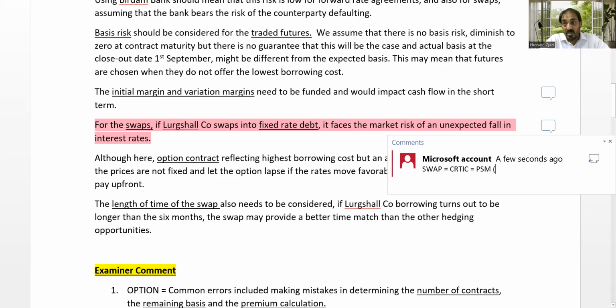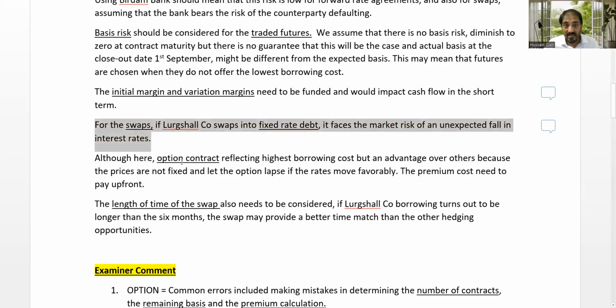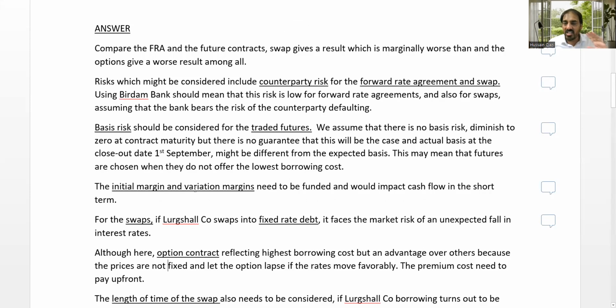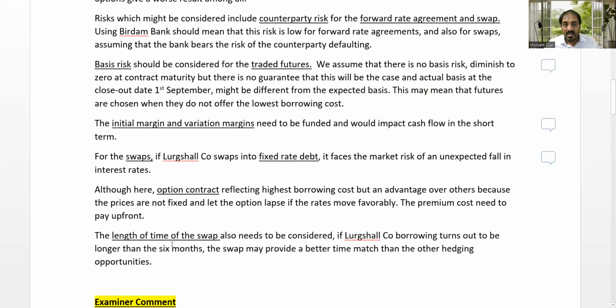You have identified the matter, you can say skepticism and commercial acumen as well. Practical consideration: what if the interest rate decreases? Then, sir, how many points? At least 4 to 5 points. We need to cover all of them.